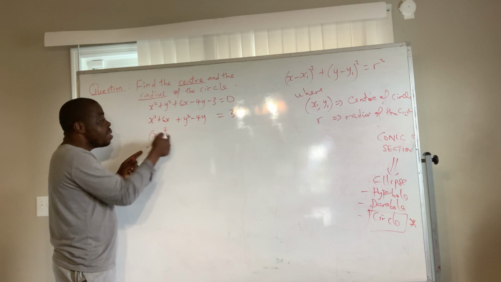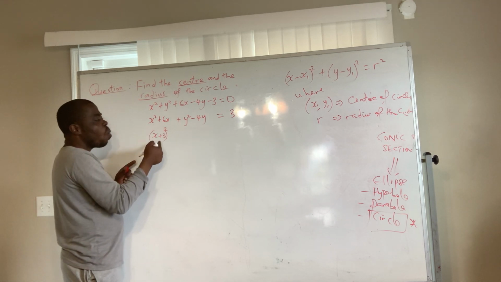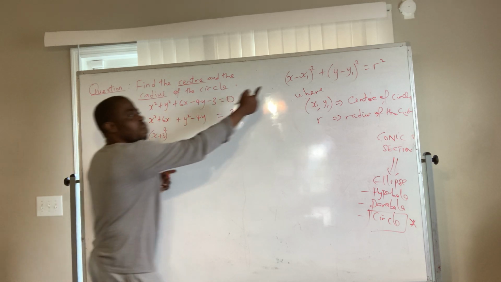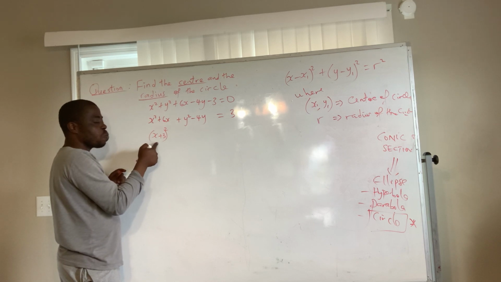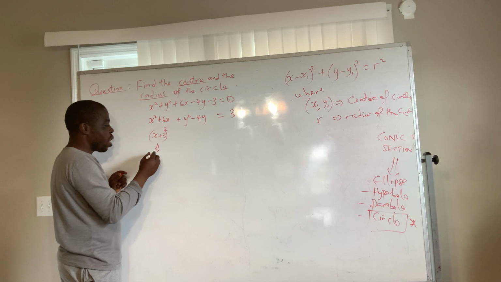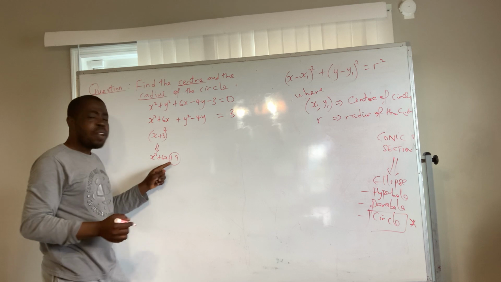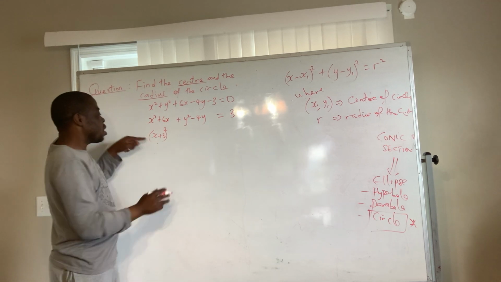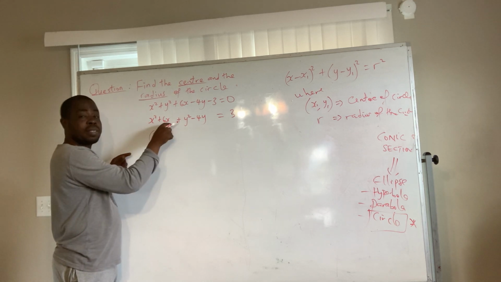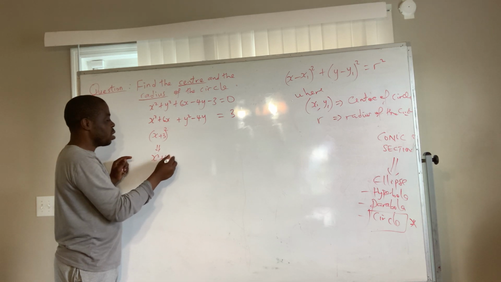The reason why I'm doing this is because I'm moving from here to here because I want my equation to look similar to this one. You see that? Now, if I expand this bracket, I'm going to have x squared plus 6x plus 9. I don't need the extra 9. This expression is not exactly this, because if you do the expansion, you're going to have x squared plus 6x plus 9.